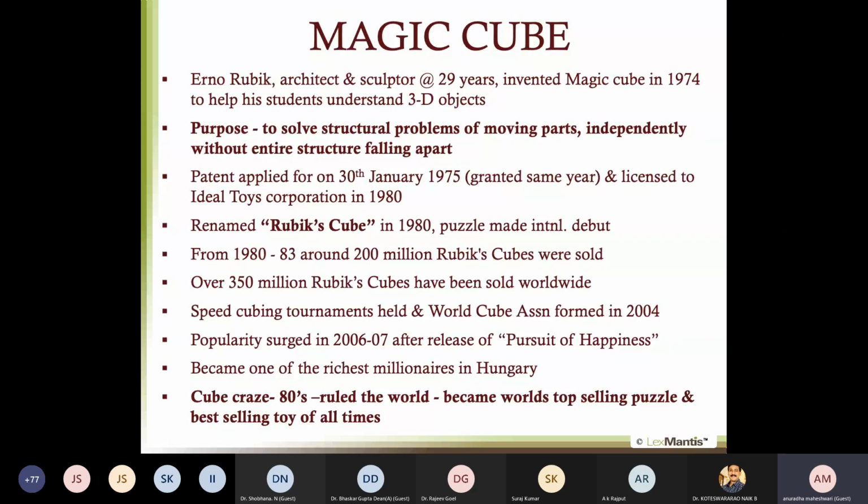World Cube Association was formed, and so on and so forth. A movie was made in which it formed a central theme, and that was Will Smith's Pursuit of Happiness. And ultimately, Erno Rubik became one of the richest millionaires in Hungary. All right. It's something to be said that this has been the world's largest selling toy to date, the Rubik's Cube. So I come back to my original question.